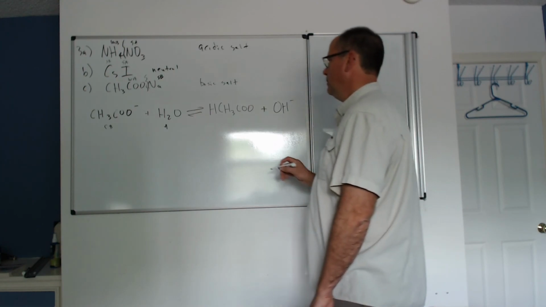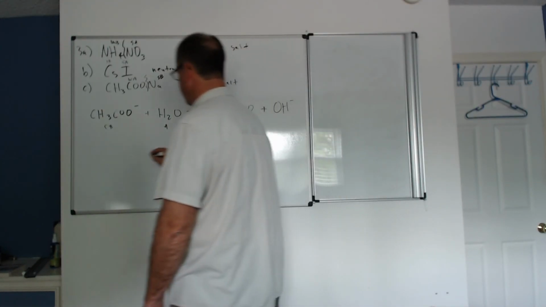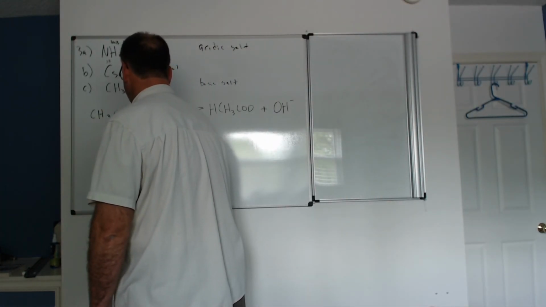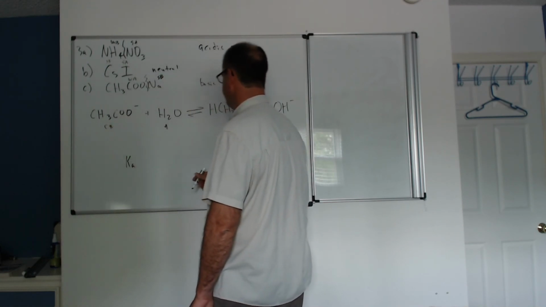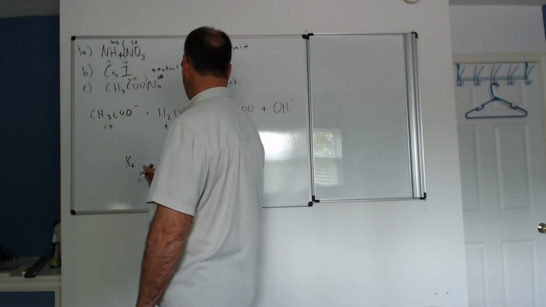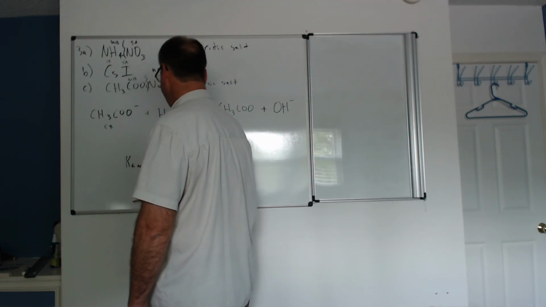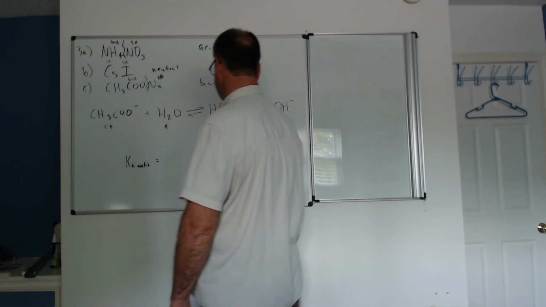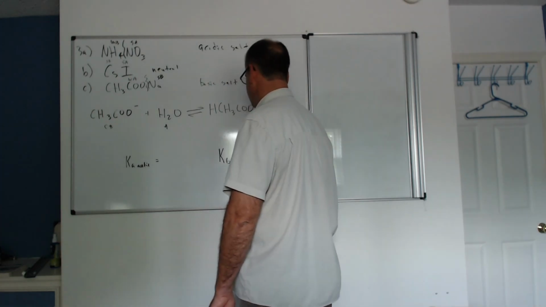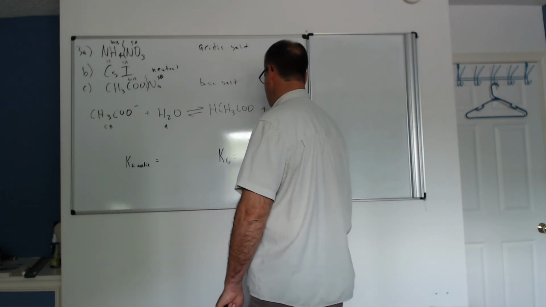So then we can look up the Ka for acetic acid and plug that in. So ultimately our Kb is going to be Kw over Ka.